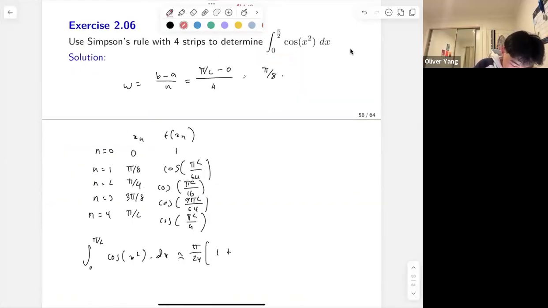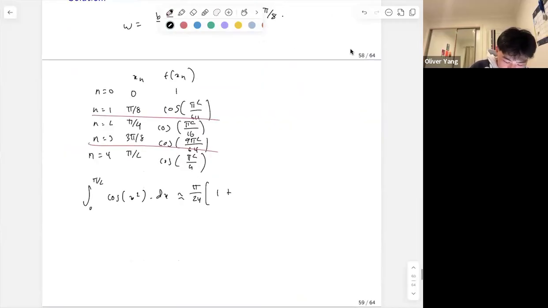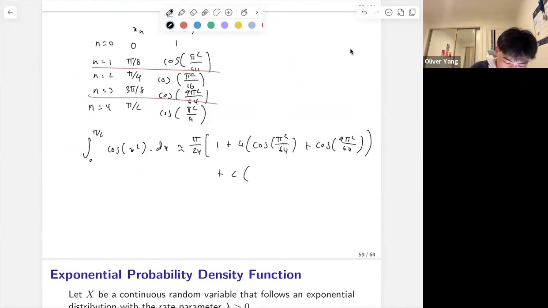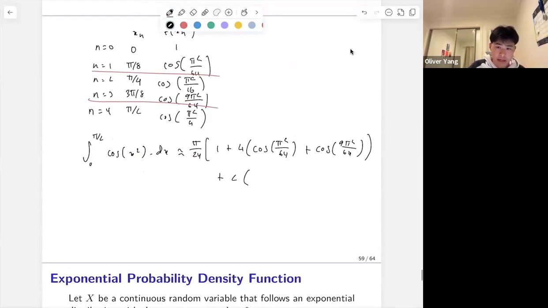These are your odd f of x's. So we're going to do 4 times (cos of pi squared over 64 plus cos of 9 pi squared over 64), in brackets. And then you've got your two evens, which are for n equals 2 and n equals 4.